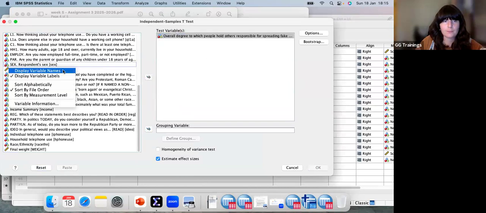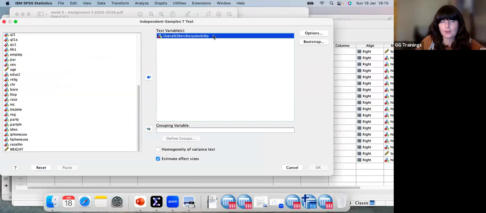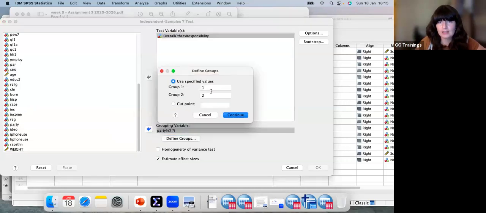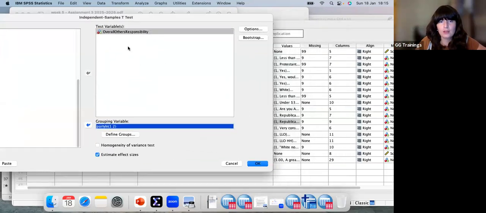And then your grouping variable would be the variable that was measured in groups, which is your party leaning. You click on Define Groups, and it's already 1 and 2, which aligns with the value labels. So you click Continue. And because I have the new version, I have to click this one as well for the Levene's test, and you click OK.